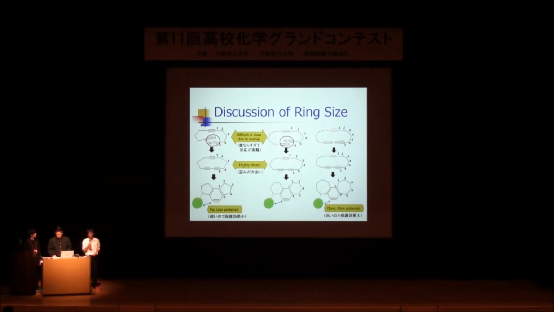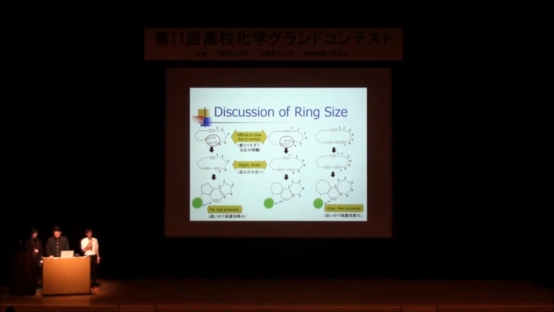In the cases of 5 and 6-membered rings, the terminal parts overlap with each other, so the coupling reaction seems to be difficult. Second is the ring strain. Since the carbon-carbon triple bond tends to be linear, the precursors having 5 and 6 carbons are highly strained.